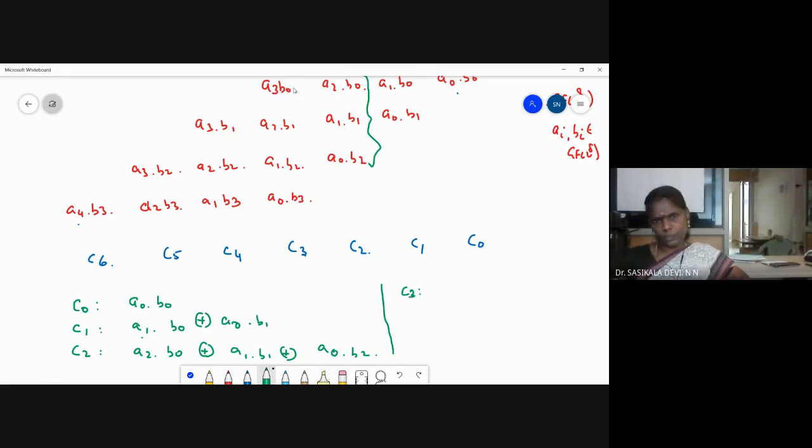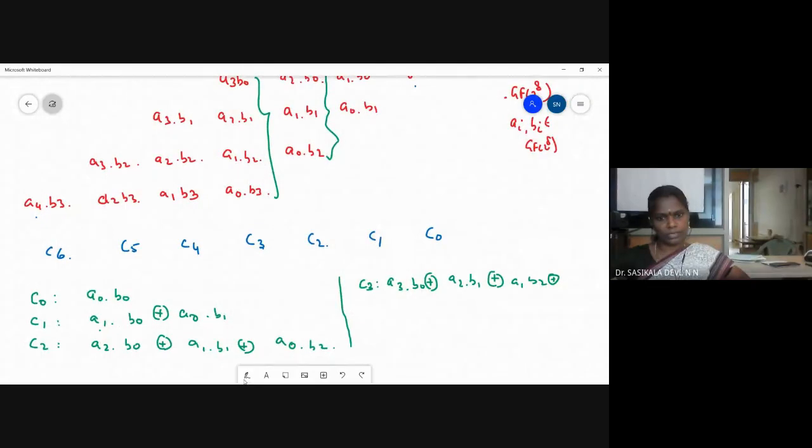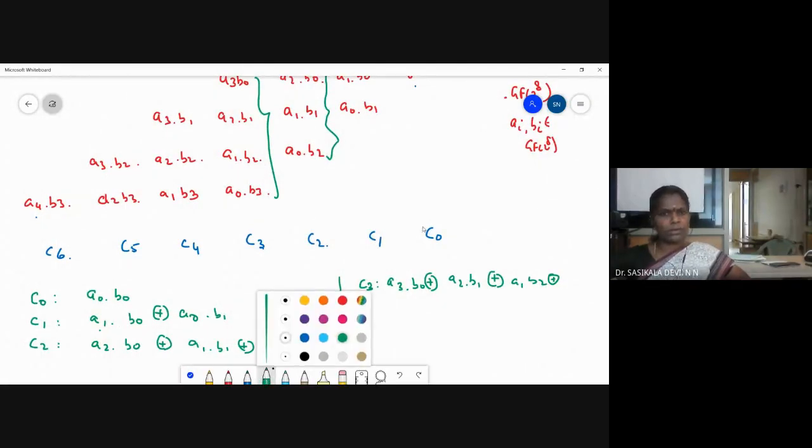Similarly C3 is these four polynomials, so let's write in the same order for better understanding: A3 into B0 XOR with A2 into B1 XOR with A1 into B2 XOR with A0 into B3.